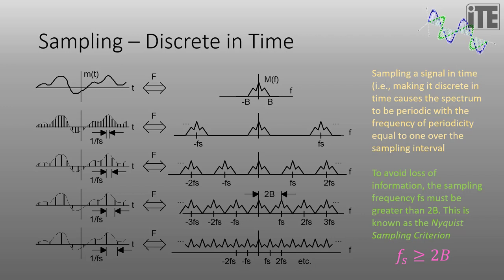And that says that the sampling frequency must be greater than or equal to twice the bandwidth of the signal: Fs greater than or equal to 2B. Now we'll be using this later on when we talk about digital modulation as well, but it also applies to pulse modulation. So instead of looking at the entire message signal in time, we're only going to be looking at it at discrete points.